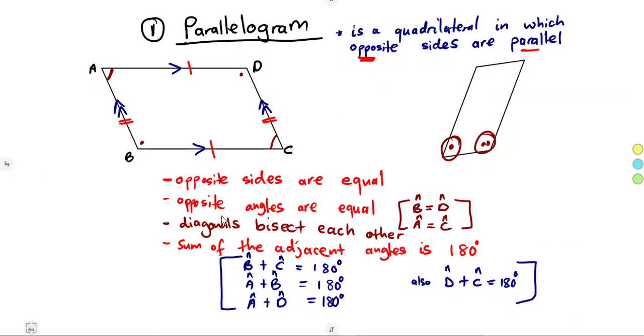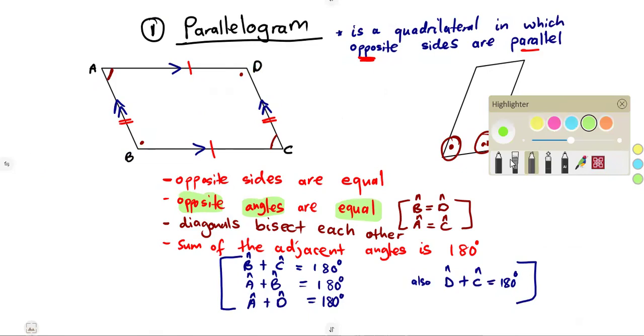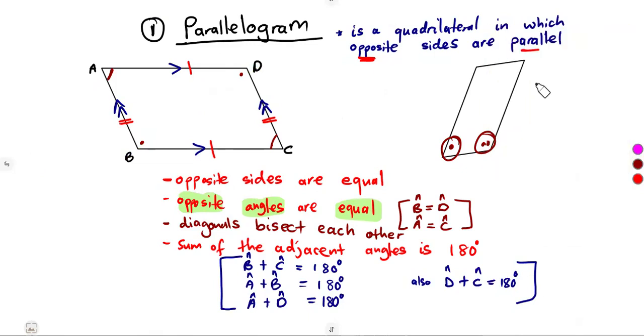Opposite angles are equal. Opposite angles are equal on a parallelogram. It is happening on a parallelogram.